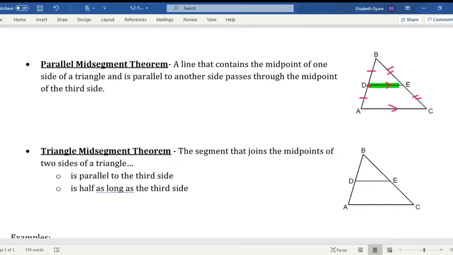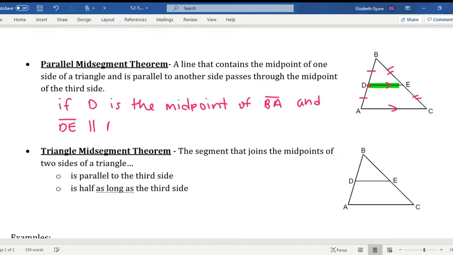Very similar to the last theorem we just talked about, just a slightly different diagram associated with it. So if D is the midpoint of segment BA and segment DE is parallel to segment AC, then we know that segment BE is congruent to segment CE.